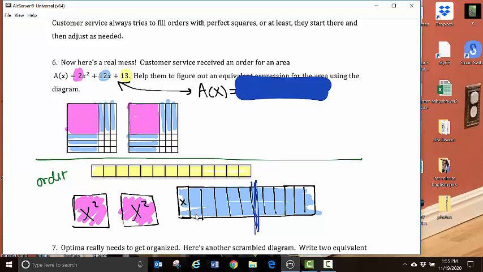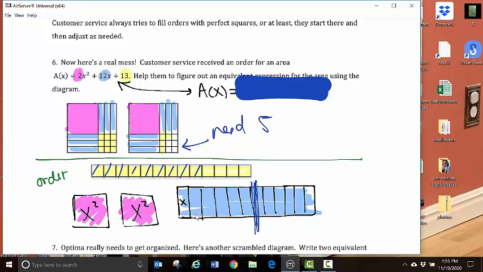Well, I have 13. I would need 9 for this one. So 1, 2, 3, 4, 5, 6, 7, 8, 9. I've used up 9. I only have 4 left to be in here. Oh, wait, I'm missing. I would need 5 more to make it work. Okay, I would need 5 to make a full 2 quilts.